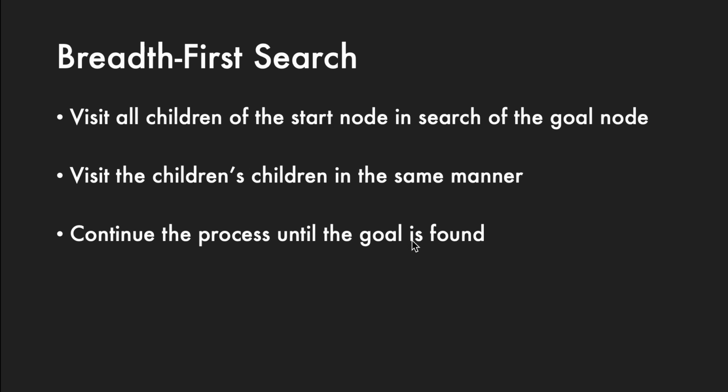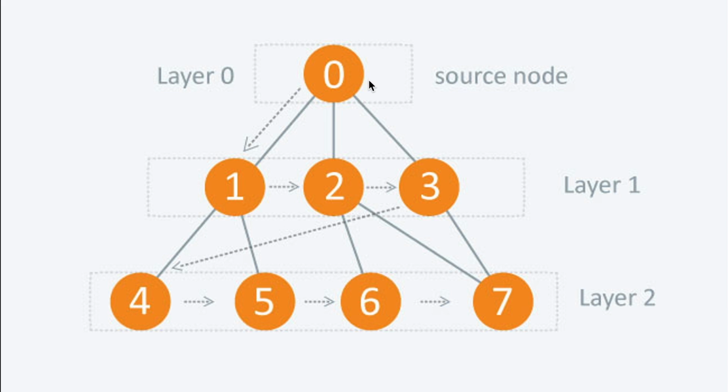However, when I go through these algorithms, we're not going to worry about where the goal node is, although it is important for the algorithm. So here's our start node.